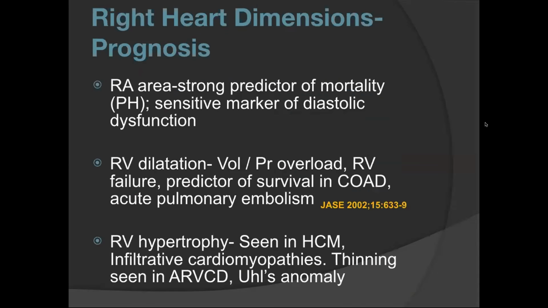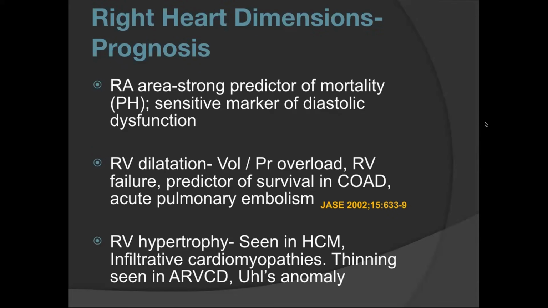Just a word, why is it important to measure these dimensions and give these numbers very objectively? Because these sizes correlate with prognosis in several different diseases. For example, in pulmonary hypertension, probably you know that RV systolic pressure is not a prognostic marker, but RA area, meaning RA size, is a prognostic marker.